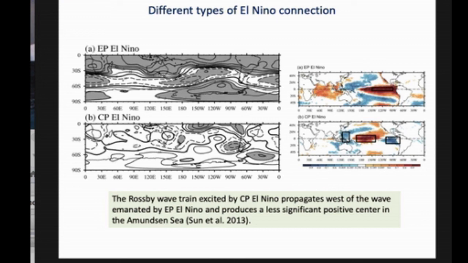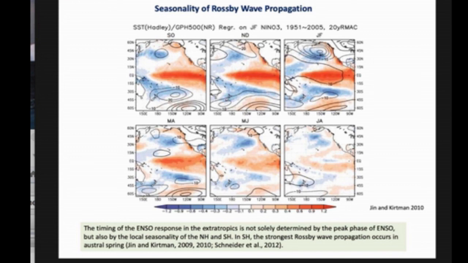The patterns of the Eastern Pacific and Central Pacific, with warm SST that excites Rossby waves, are in very different locations, and so they generate a different response.